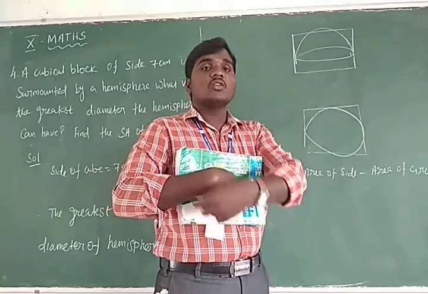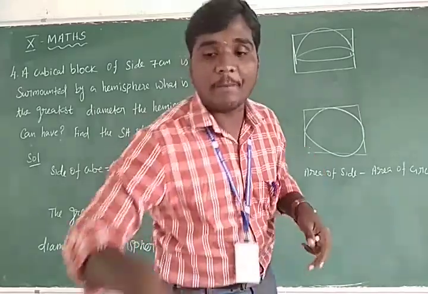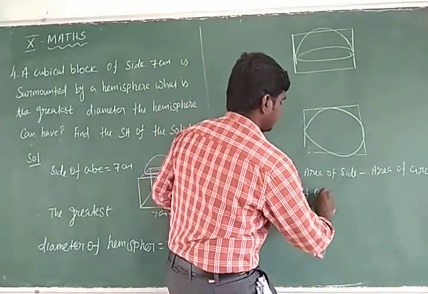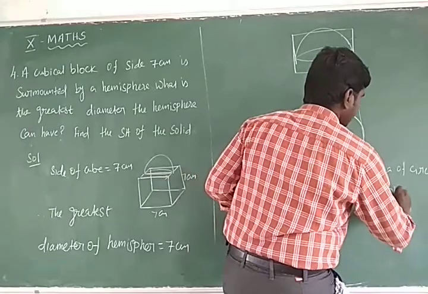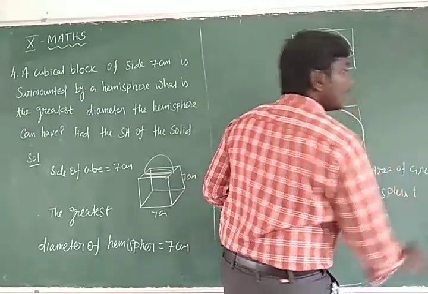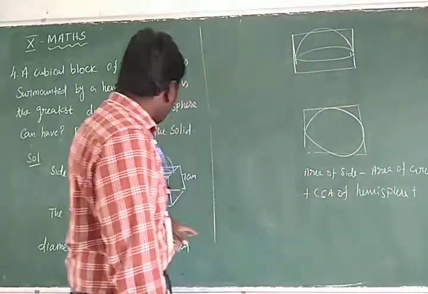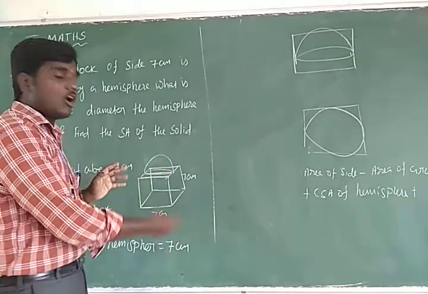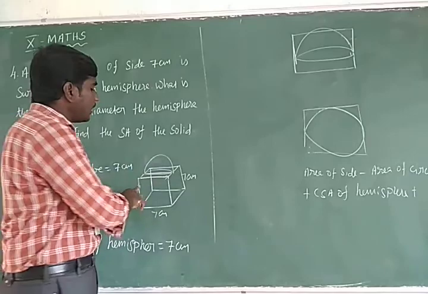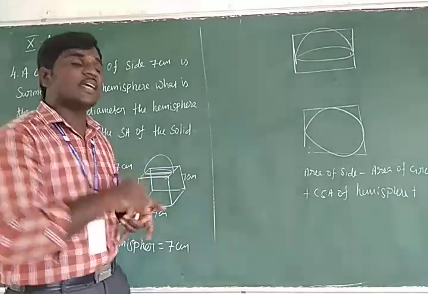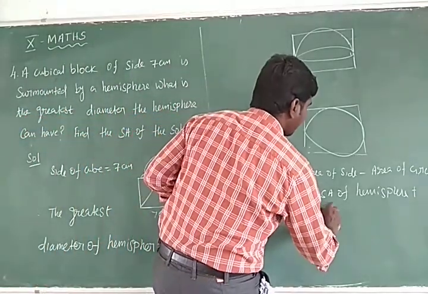So it is the curved surface area, plus the curved surface area of hemisphere, plus the remaining area. How many sides are there? Totally 6 faces are there, no? One face is occupied by the hemisphere. But how many faces remain? 5 faces. So for 5 faces the area of side is 5a square.